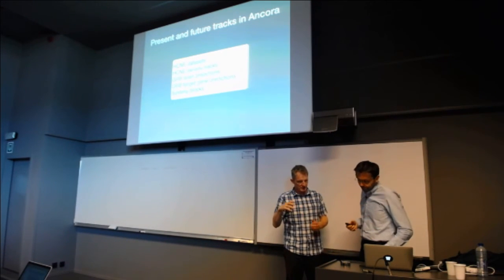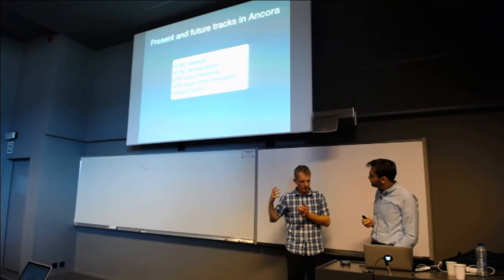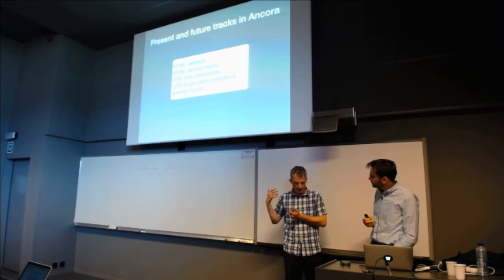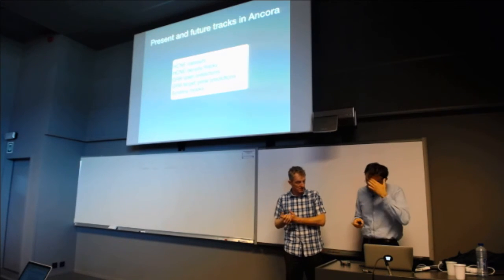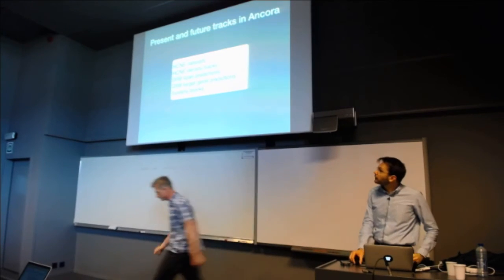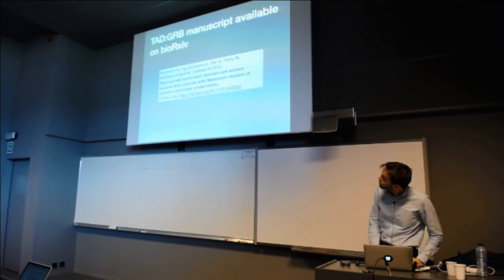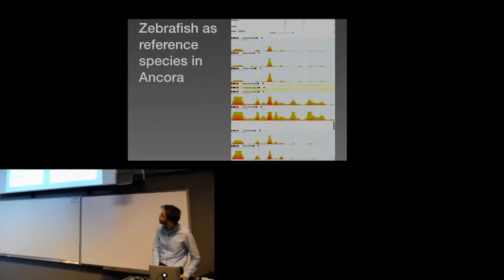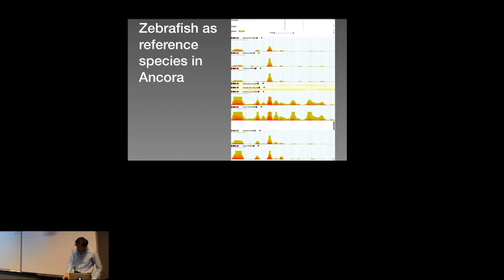So could you please discuss briefly how the ANCORA tracks could be added to the track hub and used in independent browsers? Right. So if I actually show you, these views we developed a long time ago as a separate track plugin for gbrowse.